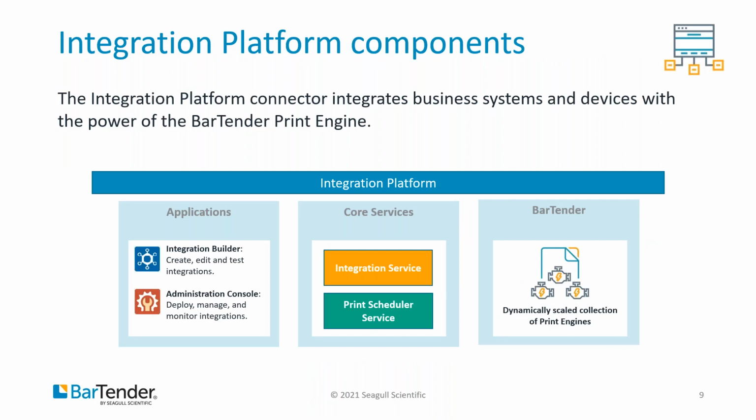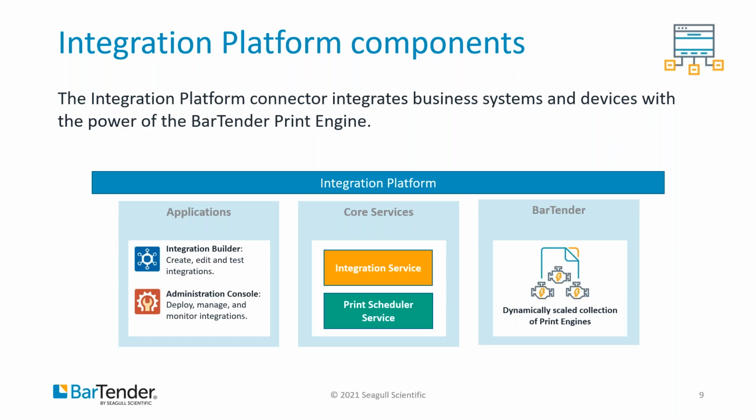We call it the integration platform because it consists of various different component parts. There you see on the left, you have the applications. The two key applications are the integration builder, which allows you to quickly and easily create, build and test the integrations.